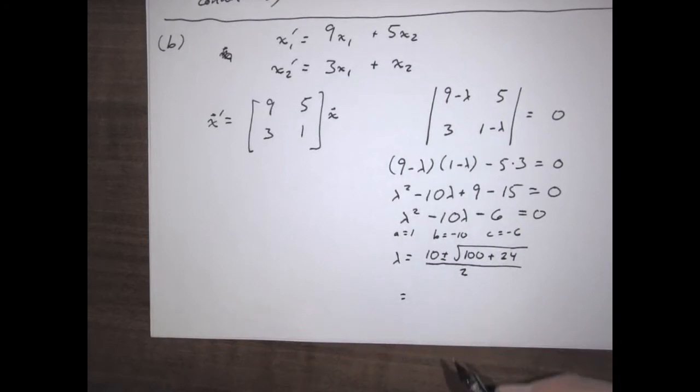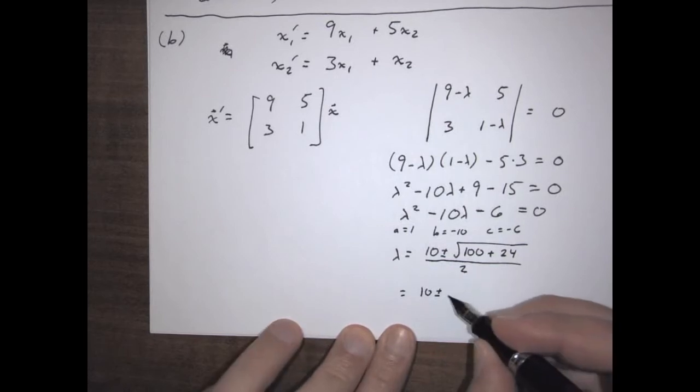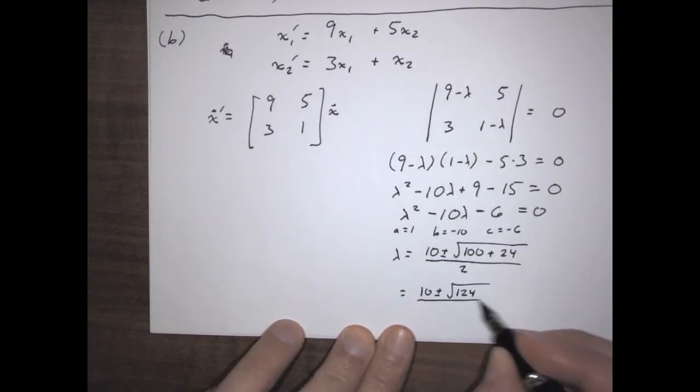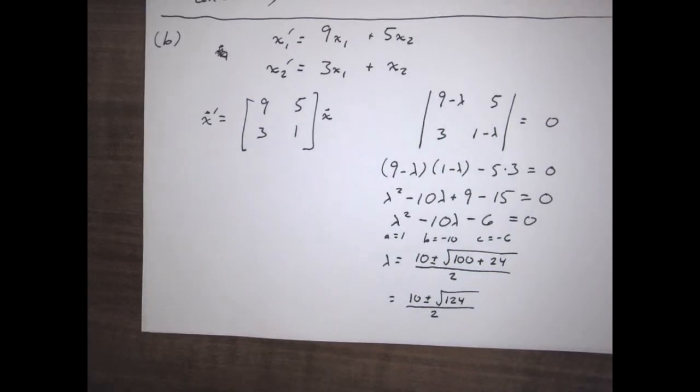So that's going to be 10 plus or minus the square root of 124. Now 124 is in fact divisible by a perfect square. It's clearly divisible by at least 4.